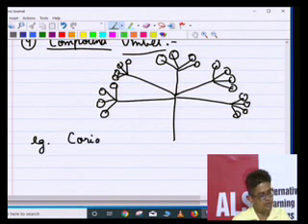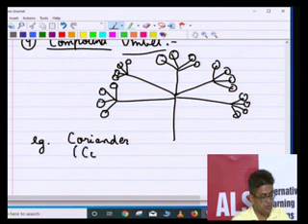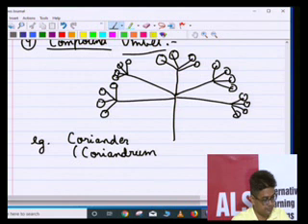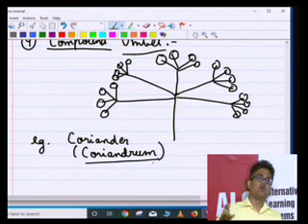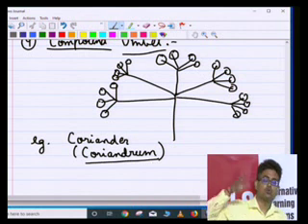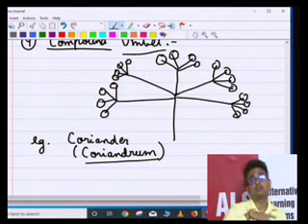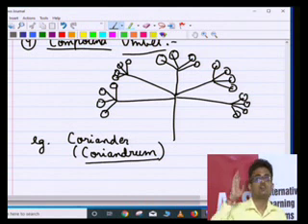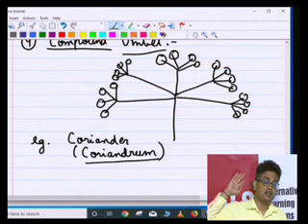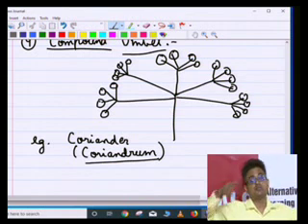Example is coriander. Now, a very important thing: coriander's name is Coriandrum sativum. There is a whole family that has been named after this umbel inflorescence. Compound umbel and umbel are characteristic features of family Umbelliferae, because all the plants belonging to this family have this kind of inflorescence only.